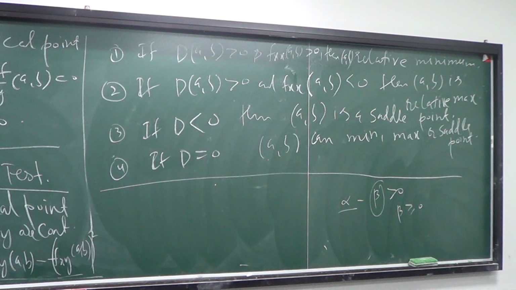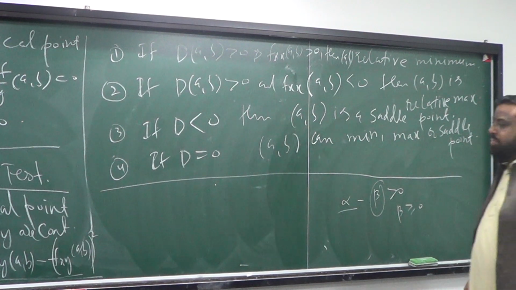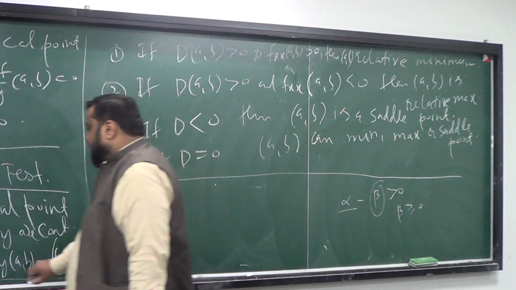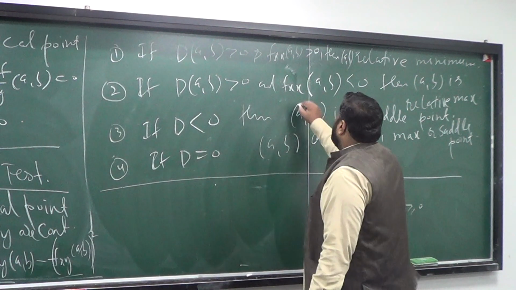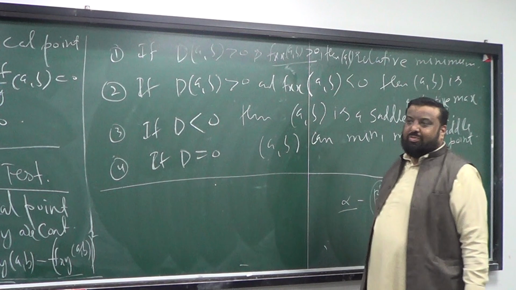Alpha can't be negative. If alpha is not negative, then alpha is really the product of these two quantities, and you know about this quantity that this is positive.